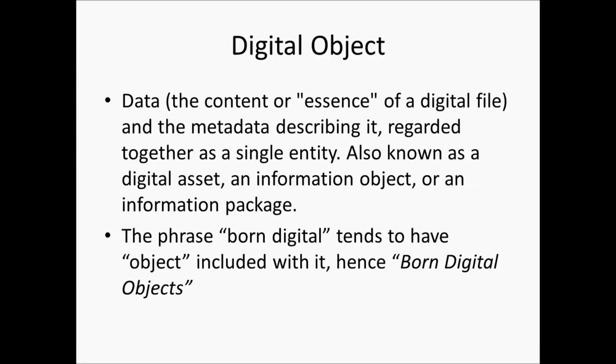So let's define it. Basically, a digital object has a few different things in it. One definition we have here is data, or the content or essence of a digital file, and the metadata that describes it. We take the metadata and the object, say it's an image, text, audio, whatever. We consider that as one big object.